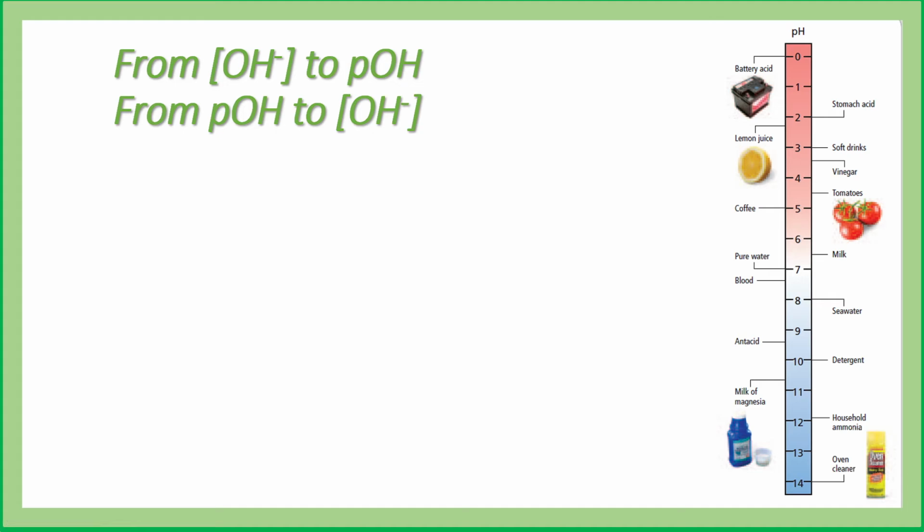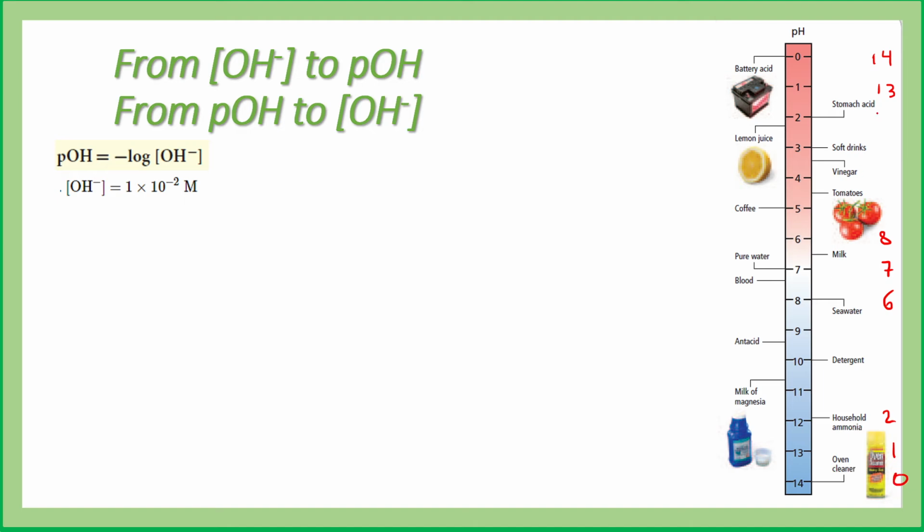Okay, so now let's calculate some pOH for different solutions. Remember, this is the formula. Let's calculate the pOH of a solution whose concentration of hydroxide ion is 1 times 10 to the minus 2. We are not going to use this scale because it is for pH. For pOH, the numbers are inverted: 14, 13, ... 8, 7, 6, and this will be 2, 1, and 0.